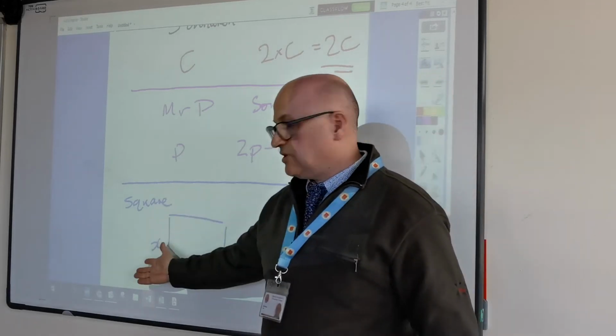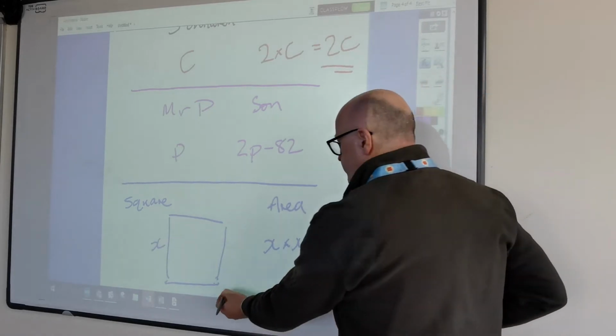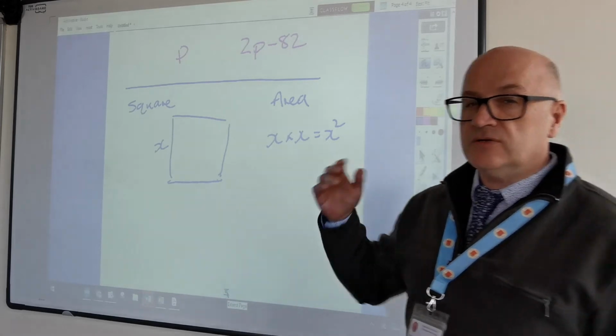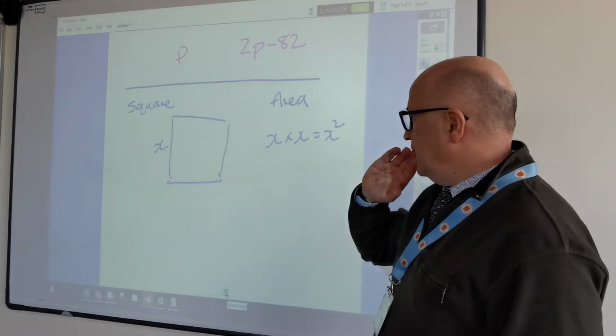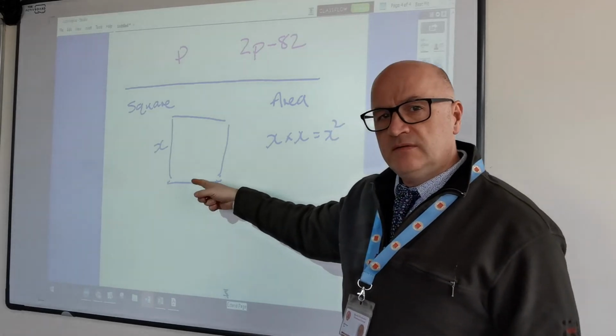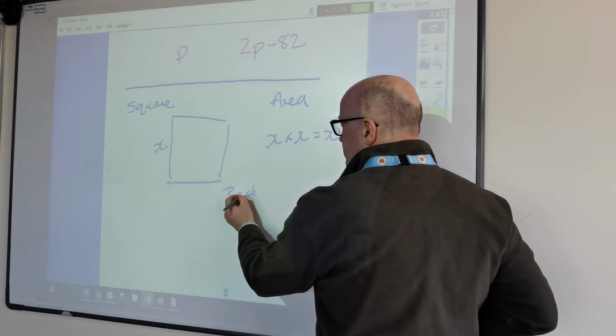So my square side x has an area of x squared. And if a rectangle has an area that is 5 bigger than this square, that's what the question says.